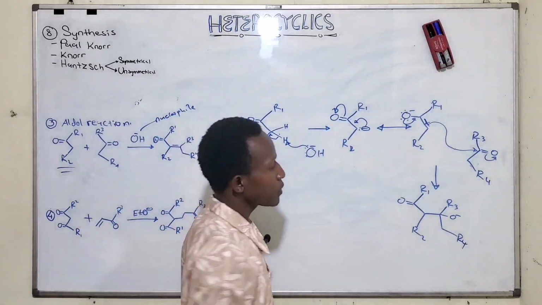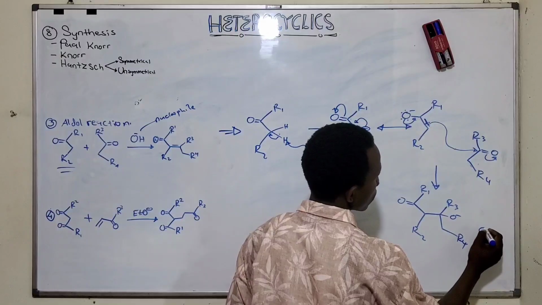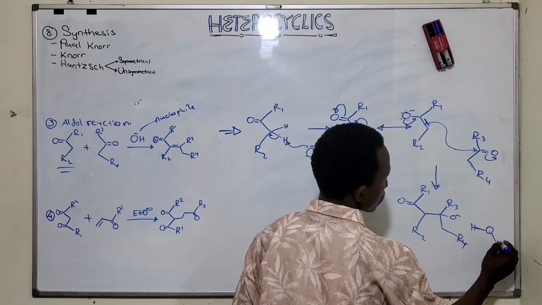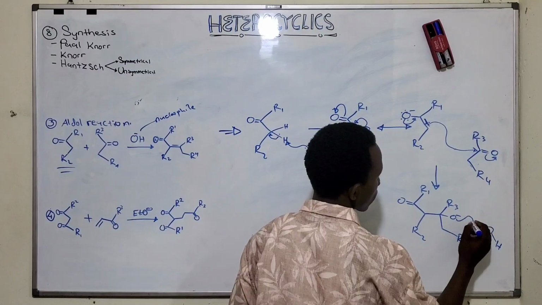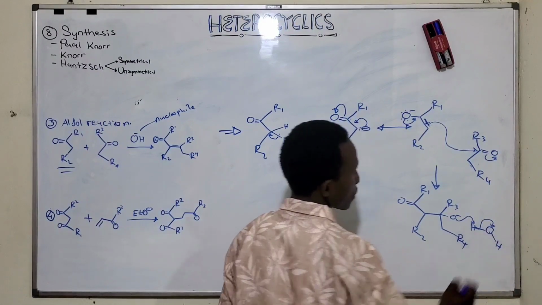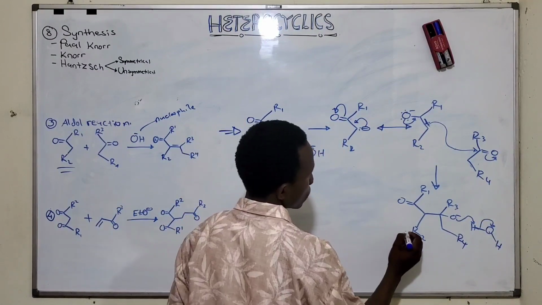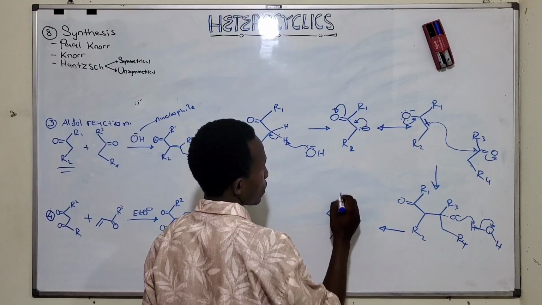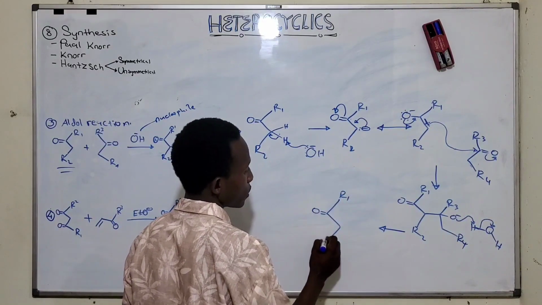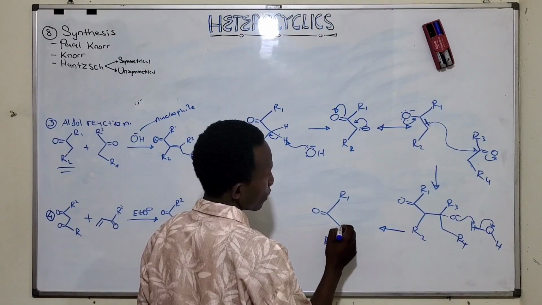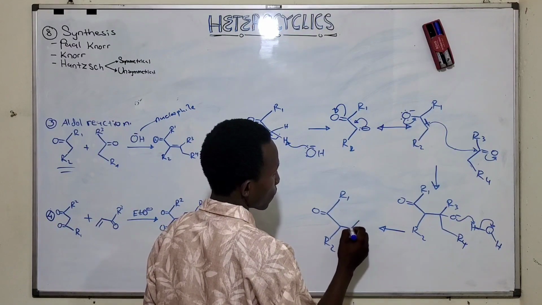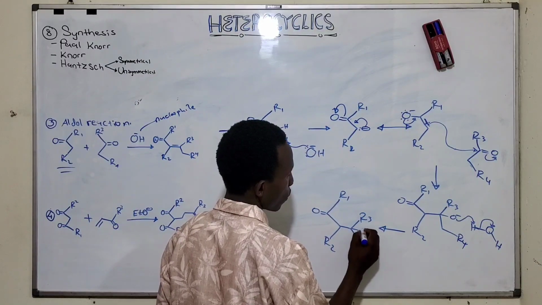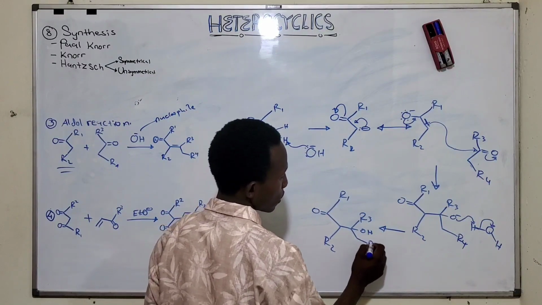Then this oxygen can get a proton from water molecules, so it can attack this one. So we shall form this: R1, oxygen, R2. Then we have a bond here, R3, then OH and R4.